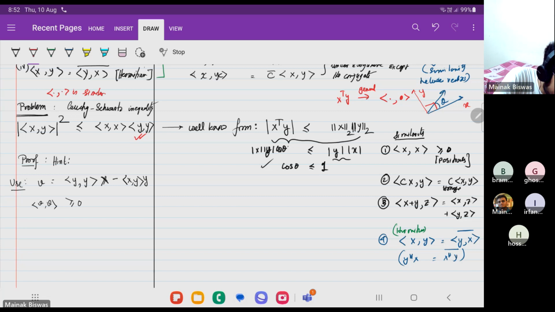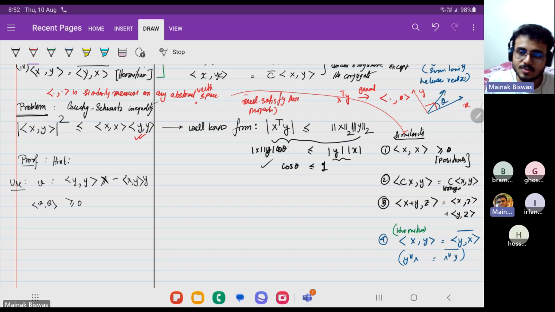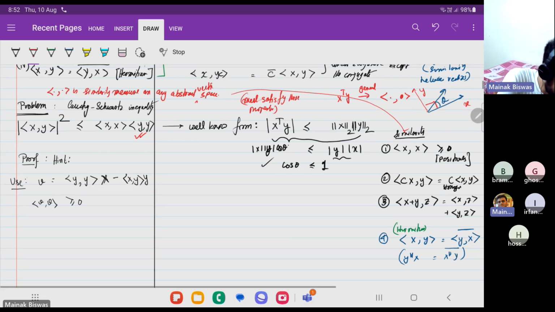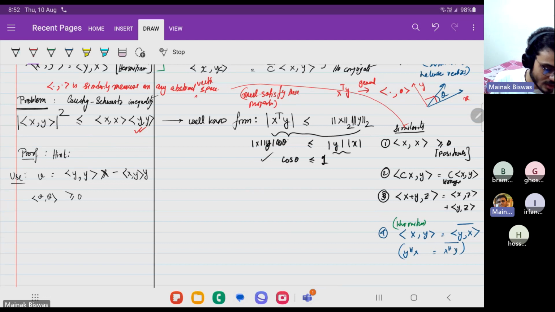It is a similarity measure on any abstract vector space, and must satisfy these properties. If and only if they satisfy these properties, it's valid on the space. So let's define the Cauchy-Schwarz inequality for a general class of inner products.